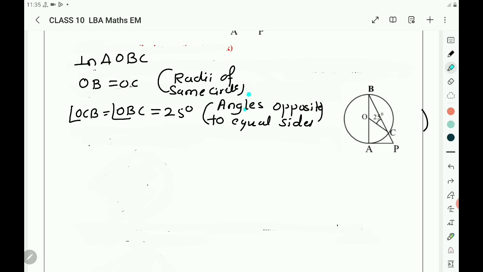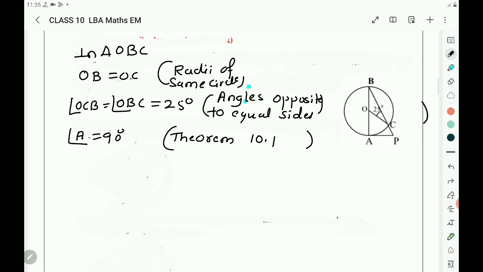That is according to Theorem 10.1. Then you write angle A equals 90 degrees. Reason? Theorem 10.1. Here A is a point of contact. OA is the radius through the point of contact. Radius through the point of contact is perpendicular to the tangent. So OA is perpendicular to AP.